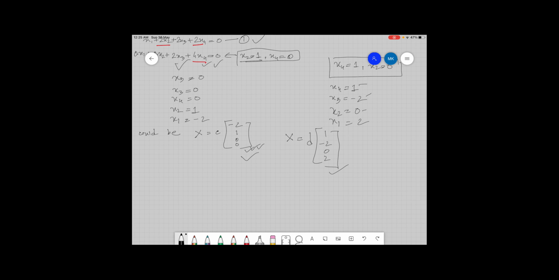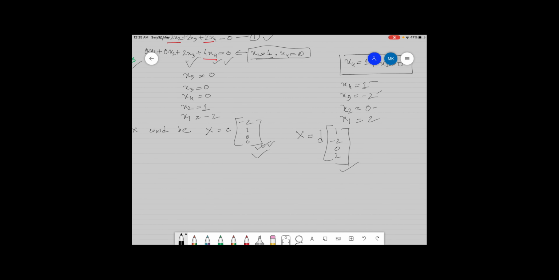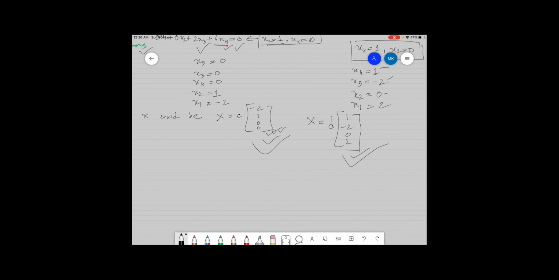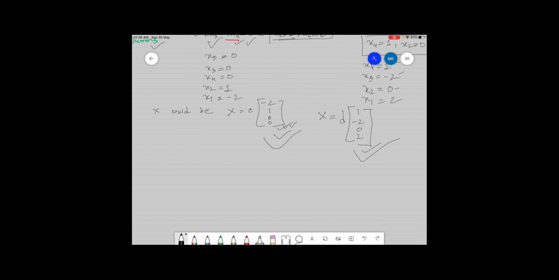So this is one vector from the null space, this is another vector from the null space, and any linear combination of these 2 vectors is also inside that null space. This is the first requirement to be a vector space: any linear combination of vectors in a vector space should be inside that vector space as well.